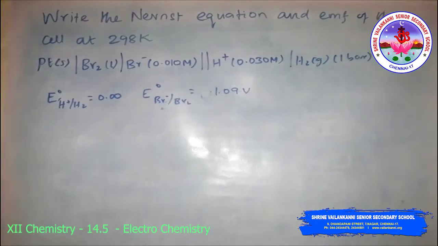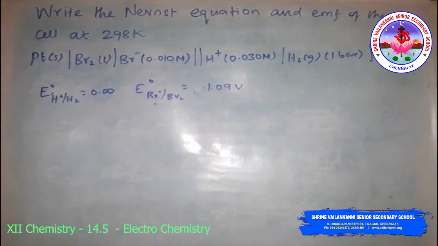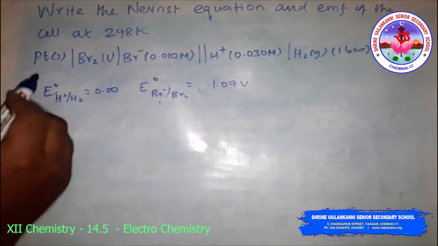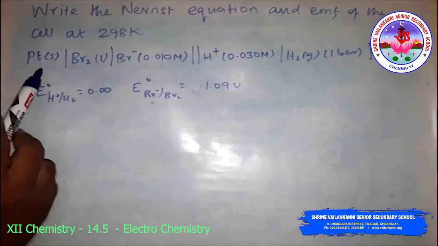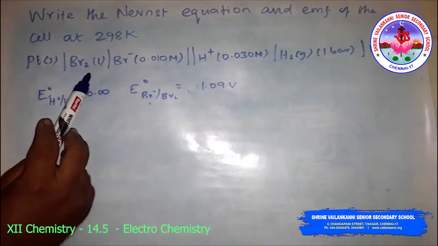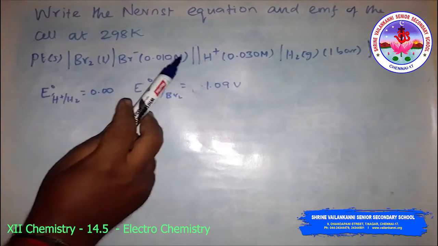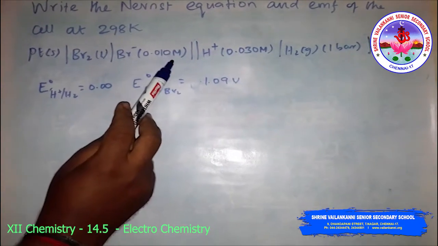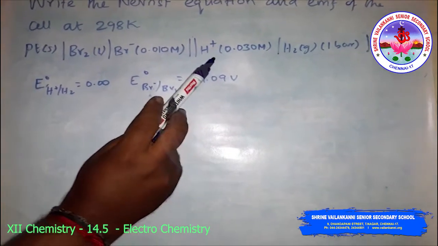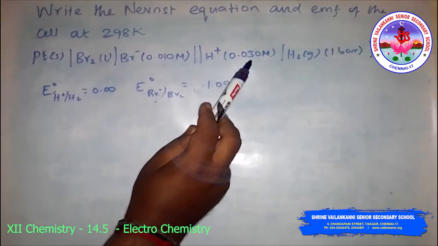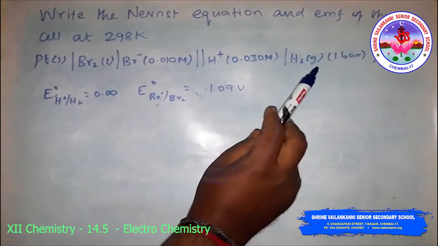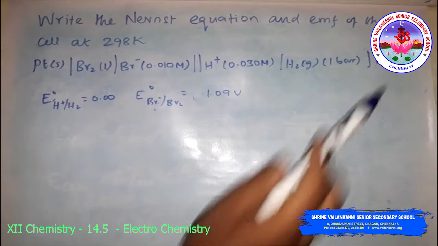Next numerical: write the Nernst equation and EMF of the following cell at 298 Kelvin. Platinum solid, single line bromine liquid, bromide ion concentration given as 0.010 molar, double line H plus concentration 0.030 molar, and H2 gas at 1 bar, and platinum solid.